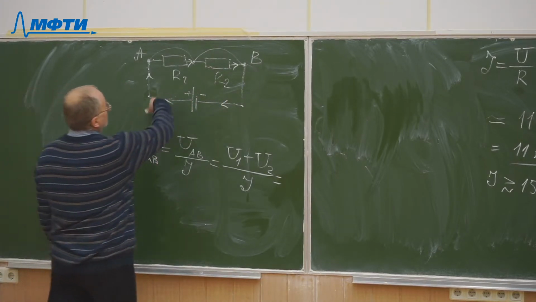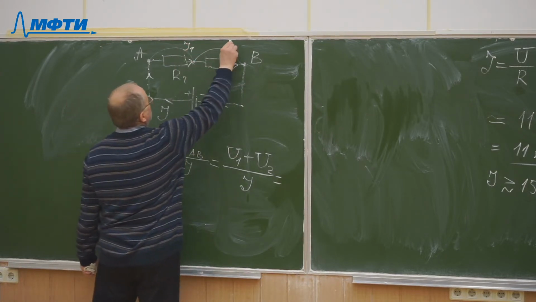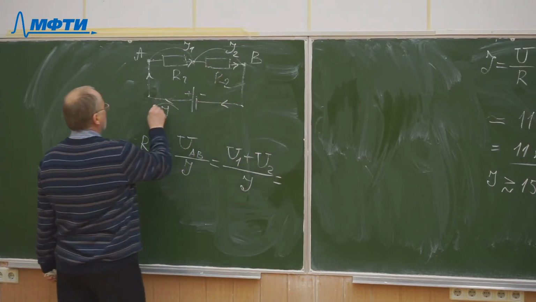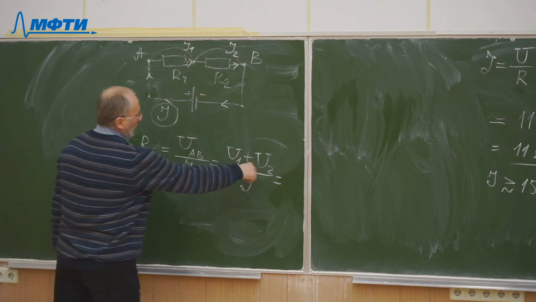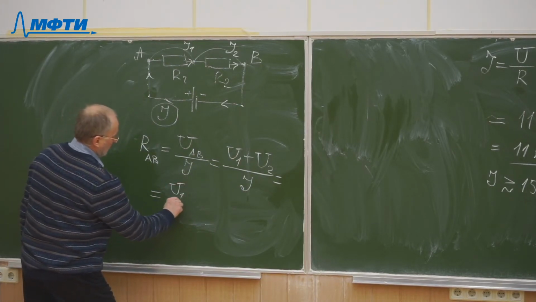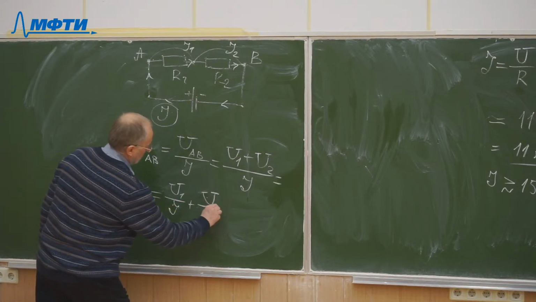So the current is the same here and here. The current through the first resistor is equal to the current through the second resistor, and certainly it equals this current.